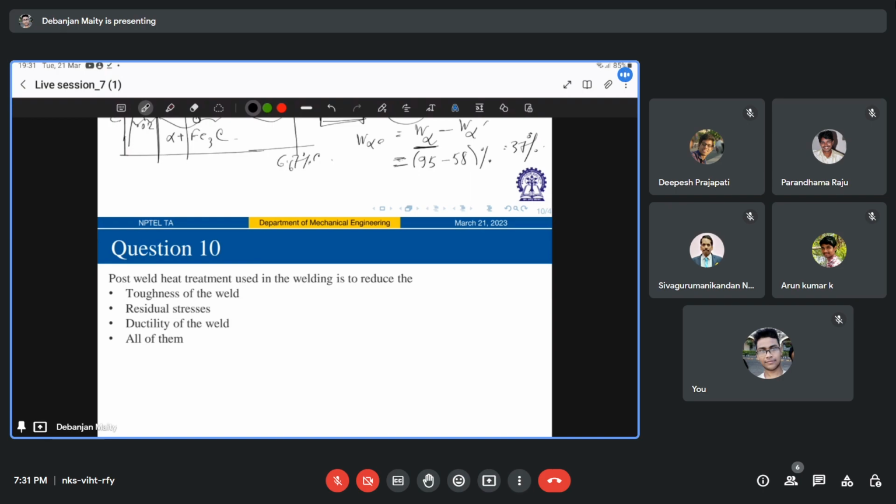So coming to this post weld heat treatment. If you see this post weld heat treatment, it generally refers to any kind of heat treatment performed after welding to improve the mechanical or chemical property of the weldment you were working with. As I have said already, welding induces some residual stress in a structure, right, which also causes distortion in the structure in the long term, correct?